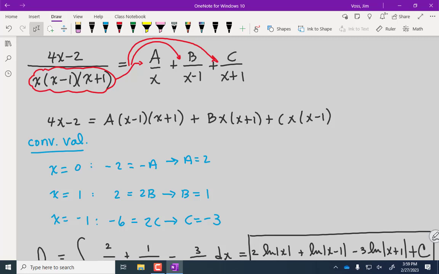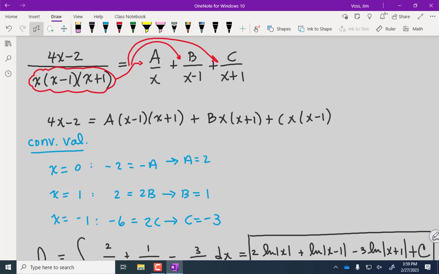Is the convenient value method only specific to if it's x minus 1, x plus 1, versus like x minus 1, x minus whatever? Like if it's both an addition and a subtraction in the factors? The only condition for the convenient value method is that each of these factors is linear. The power in the x is 1. Where convenient value would fail is if we have something like an irreducible quadratic, which we'll see in a minute.